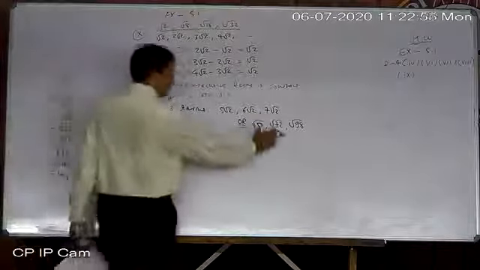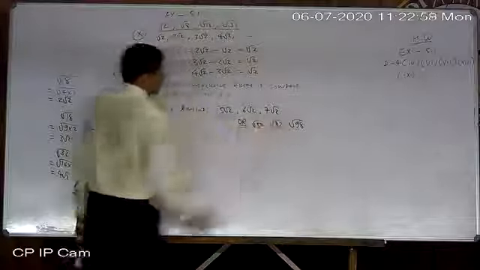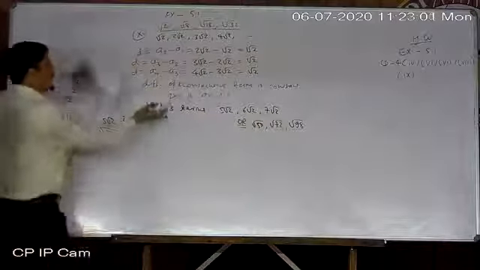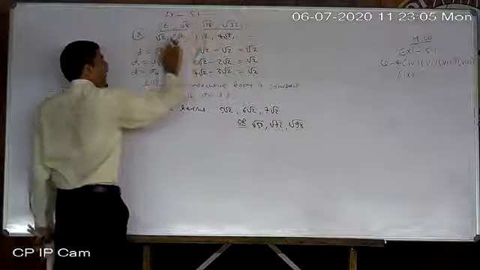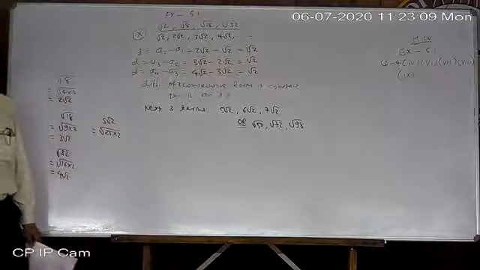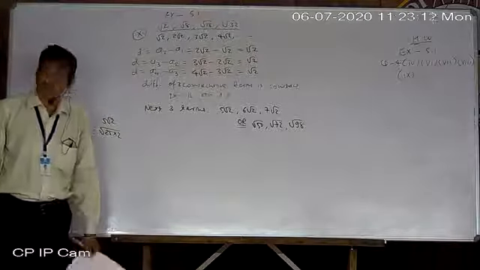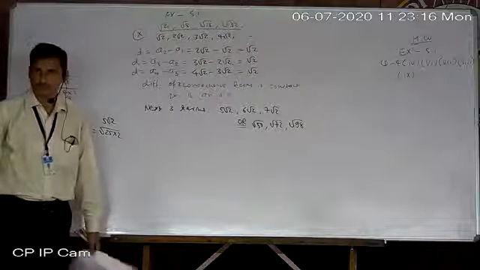This is the more expected answer. Why? Because they were given in this form only. But in between, if you want to process the given terms, then you have to convert into this form. Otherwise, you cannot decide whether it is an arithmetic progression or not, and you cannot write the next three terms also.